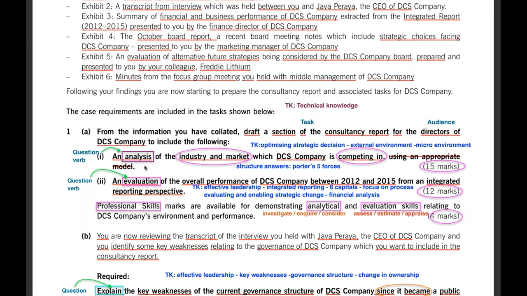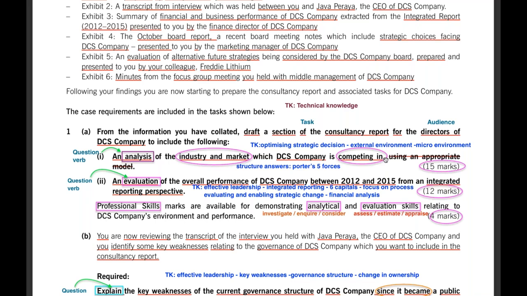1, an analysis of the industry and market which DCS company is competing in. Do you notice that I've already scrapped the last part here? Why? Because in your actual exam, they do not mention the use of any models. So that's the reason why I scrapped this.